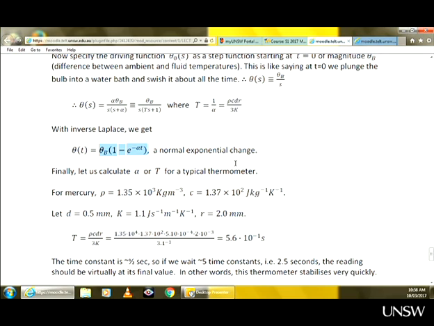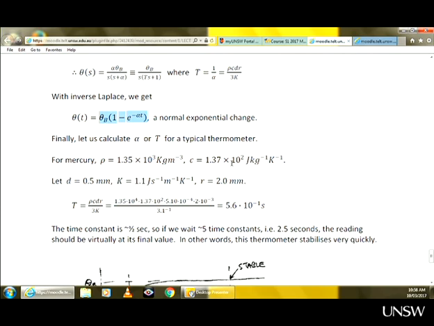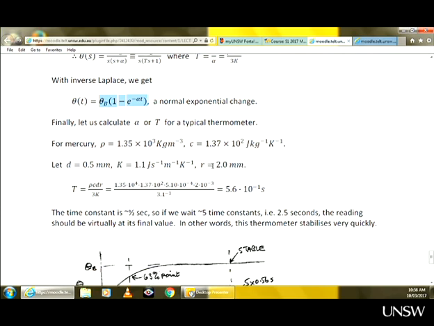Rather, your step has magnitude theta b. Okay, if you take some typical values for a thermometer, for glass and for mercury, we'll find out that the time constant, alpha in this case, is 0.56 seconds, so half a second.